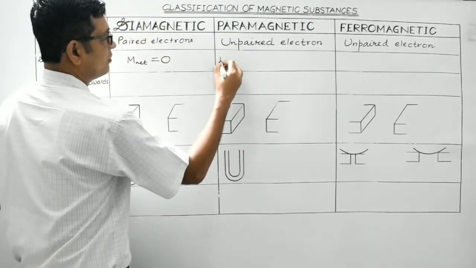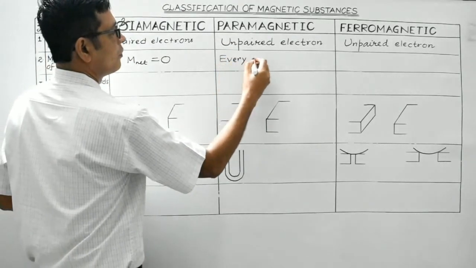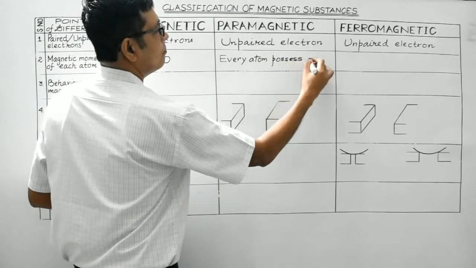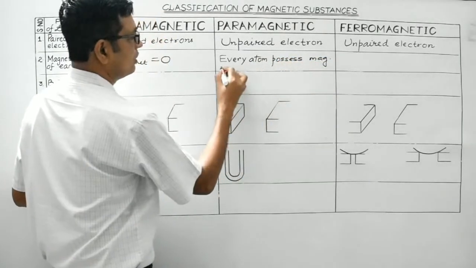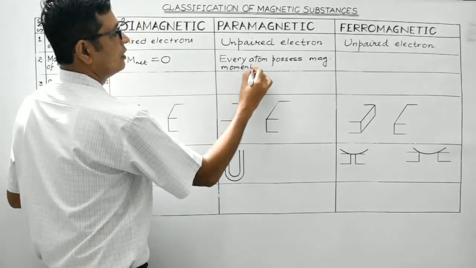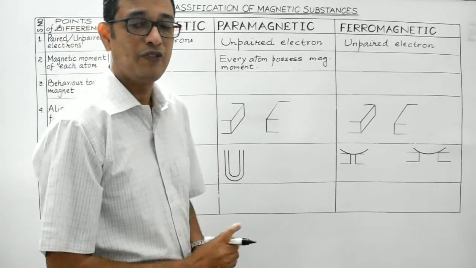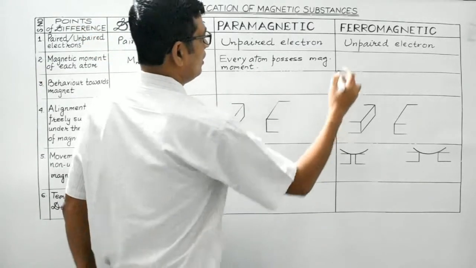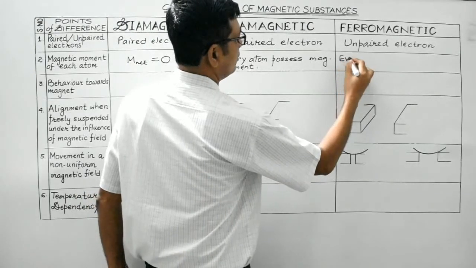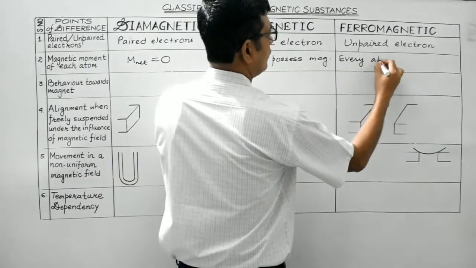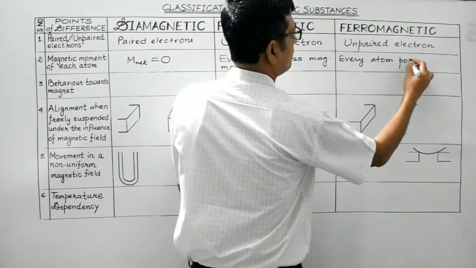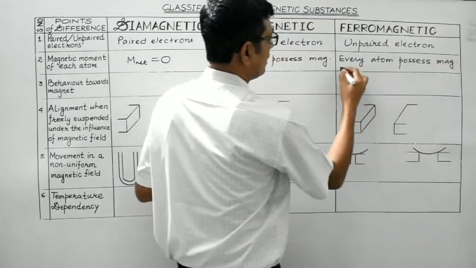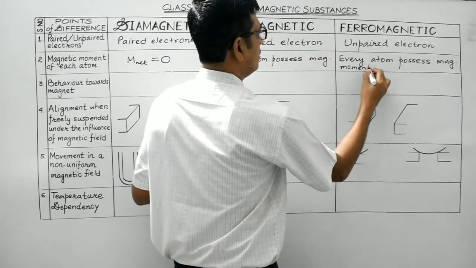So, every atom of a paramagnetic or ferromagnetic substance behaves as an atomic dipole. Same is the case with ferro as well. Every ferromagnetic atom possesses some non-zero finite value of magnetic moment.